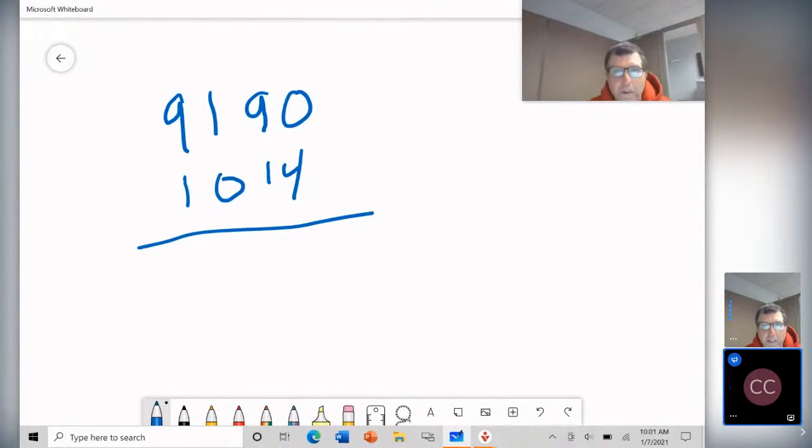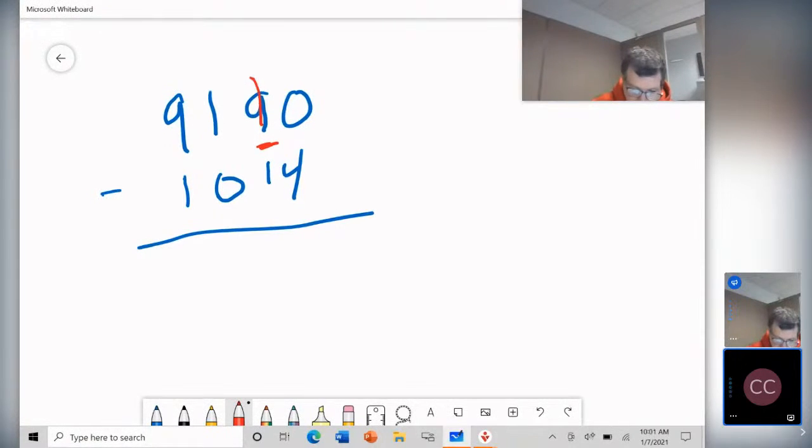So when you get a subtraction problem, first thing you want to do if you're struggling with it, look at the top number and it's minus the bottom number. So what we see is 0 is smaller than the 4. So right off the bat, we're going to have to borrow. So remember, we're going to borrow in this case from the 9, which is in the 10th column.